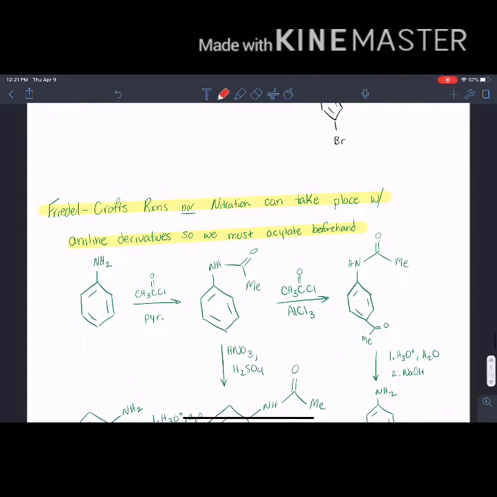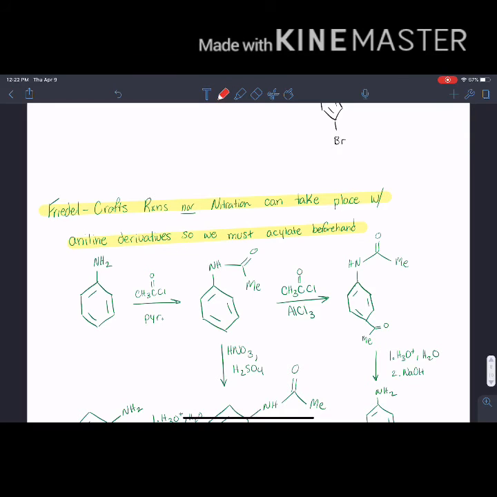So, Friedel-Crafts reactions nor nitration can take place with aniline derivatives, so we must acylate beforehand, okay? So once again, something about aniline derivatives or this amine substituent prevents reactions from working normally.